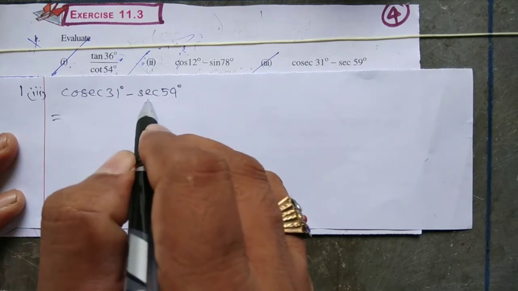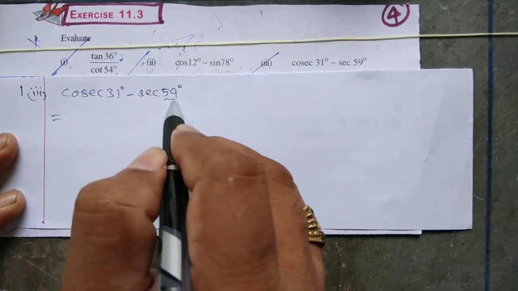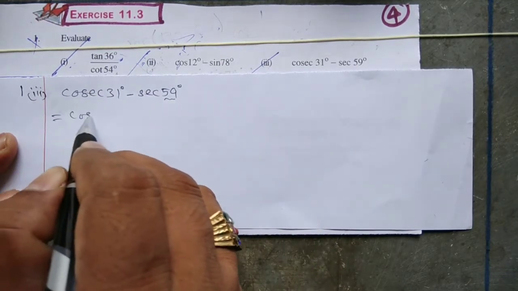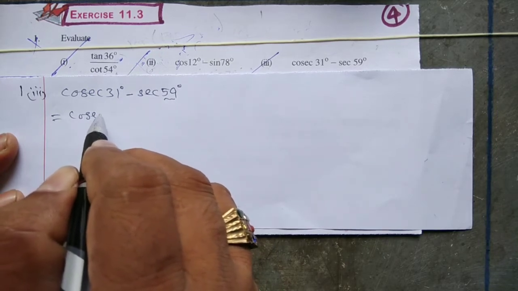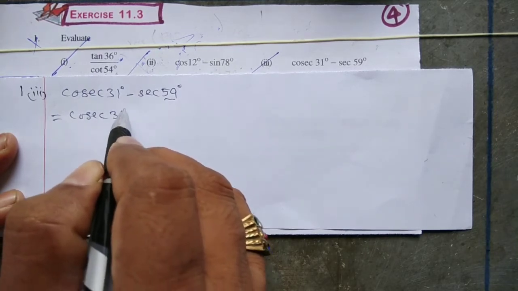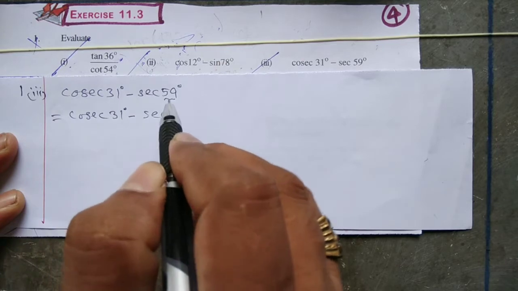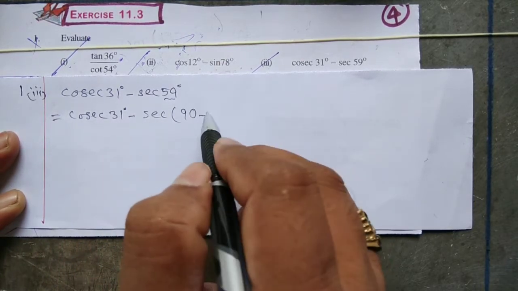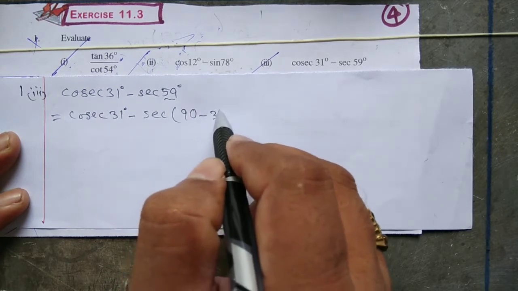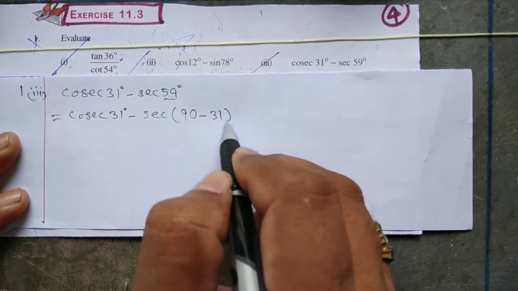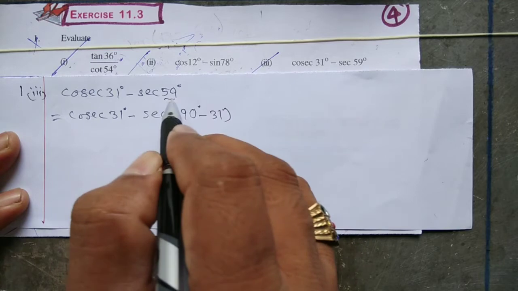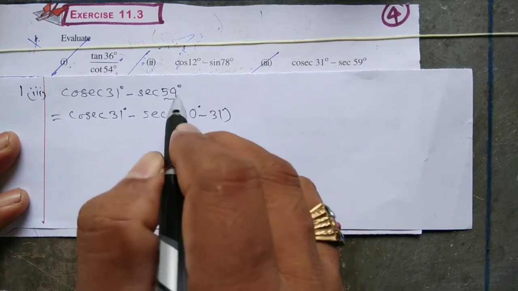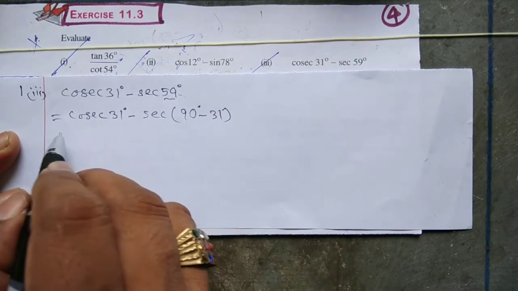We have to change this sec 59 degree. Cosec 31 degree minus sec of 90 minus 31. There is no change while writing this. 90 minus 31, we will get 59.